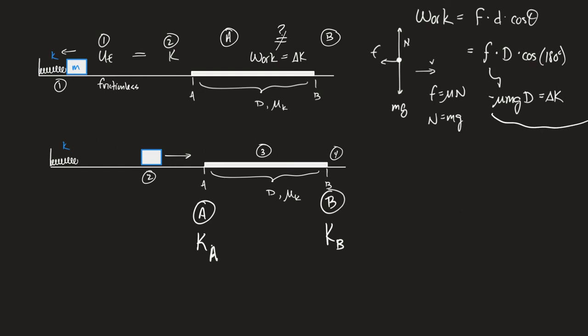If we take this right here, this thing that we just developed using the work energy theorem, this has to be equal to mgd, K final minus K initial. That's what that has to be.